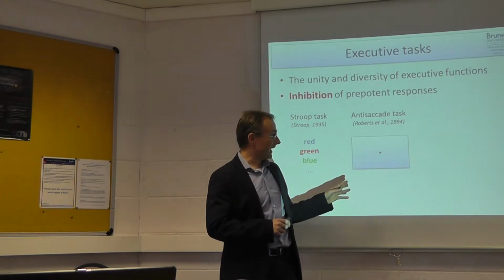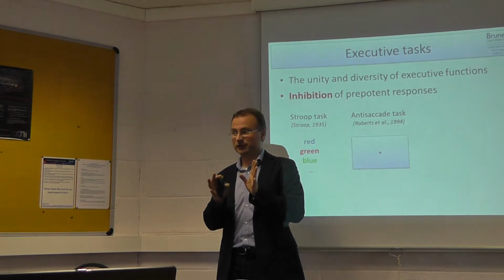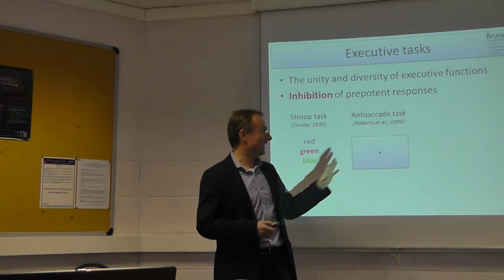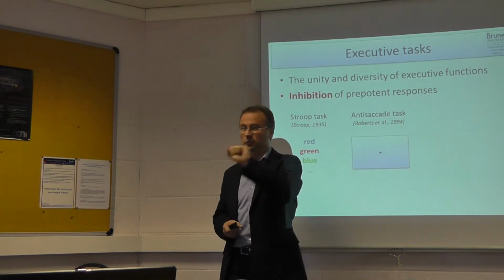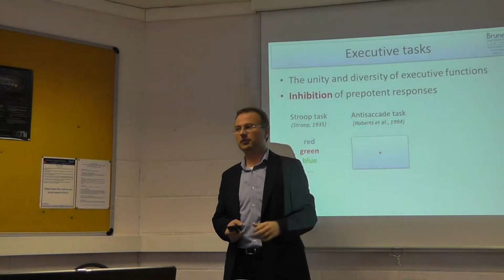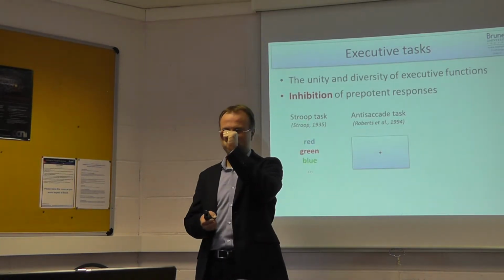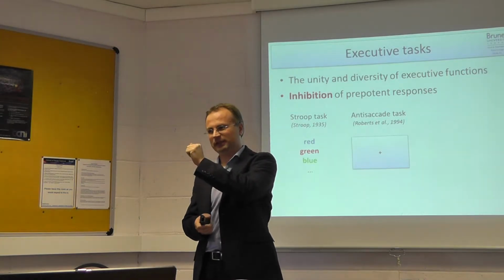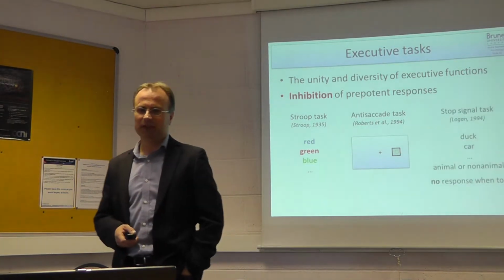And because you have such high time pressure, you are very inclined to look to the first point where something is blinking up. So it's quite a tricky task to keep your attention focused, to not look there, but look the other way.